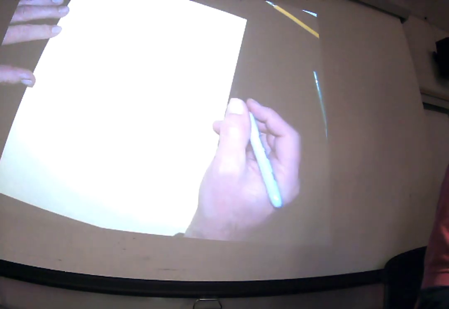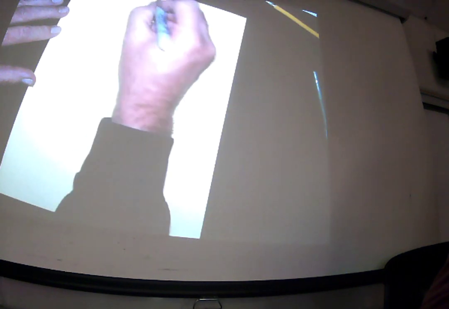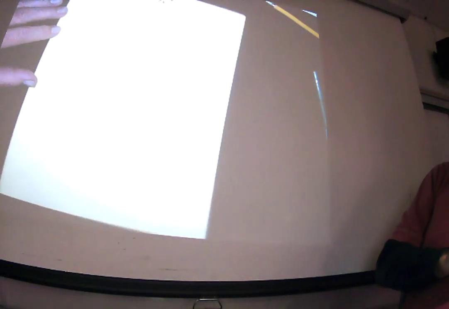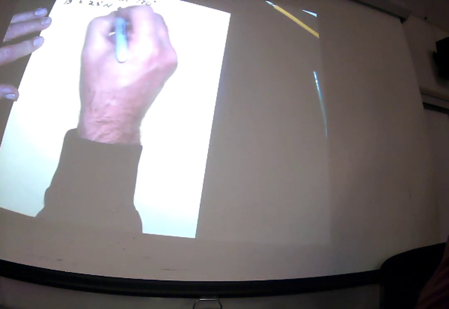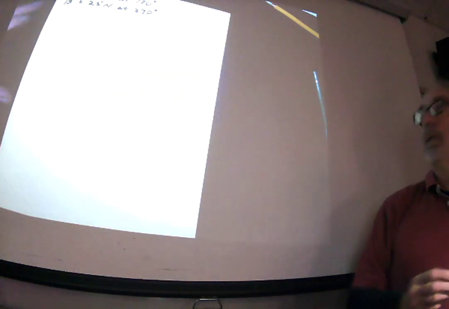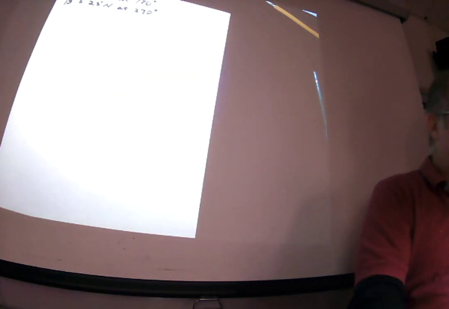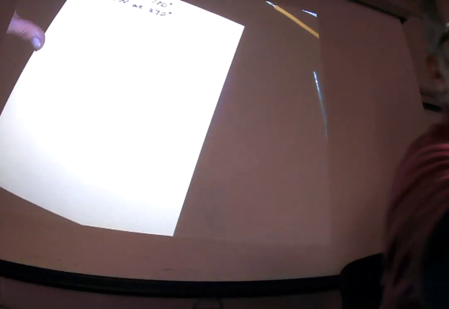Vector A is 50 newtons at 180 degrees. And the second vector is 25 newtons at 270 degrees. Just take this down. And what I want to find are the magnitude and direction of the resultant of these two forces.